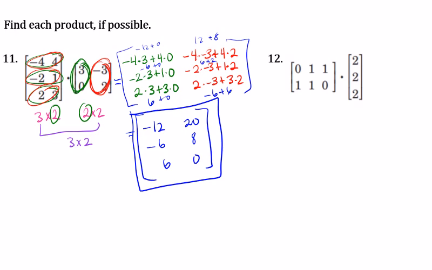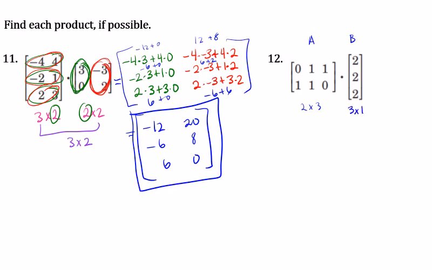Okay. All right. Now, one thing I want to mention is that this can be done in a calculator. So if you want, you can actually go to your matrix menu, second, x to the negative 1 power, and you can go to edit, and you can enter in these matrices. So this would be a 2 by 3 here, and then you can put that in as matrix A. And then you can put this in as matrix B, and it's a 3 by 1.